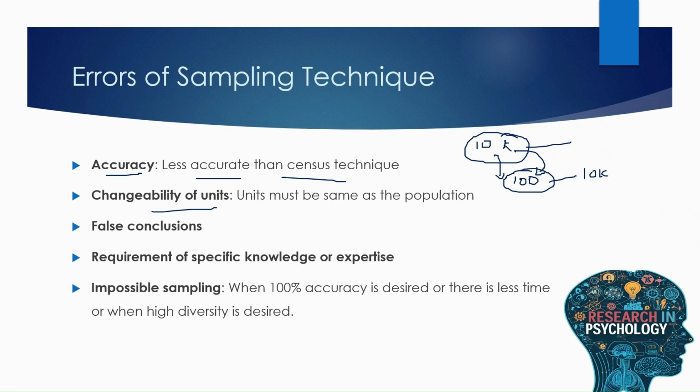Thirdly, false conclusions. If you have not chosen the sample randomly, it will not be a true representation of the population, in which case it is very much possible that you will get a false conclusion. All right, I'll give you an example. I want to study the success rate in online and offline examination in a university.